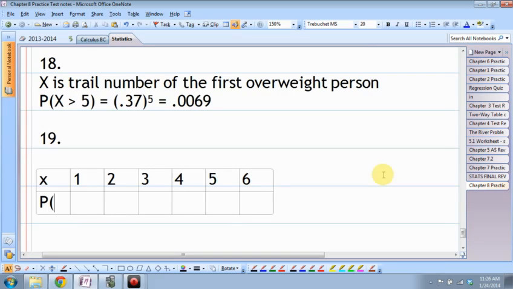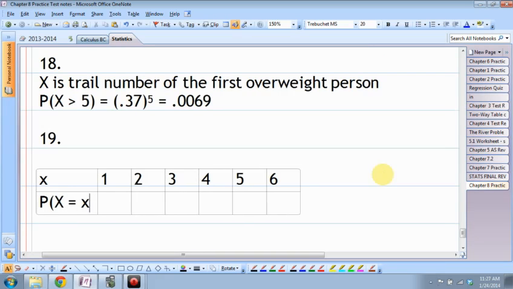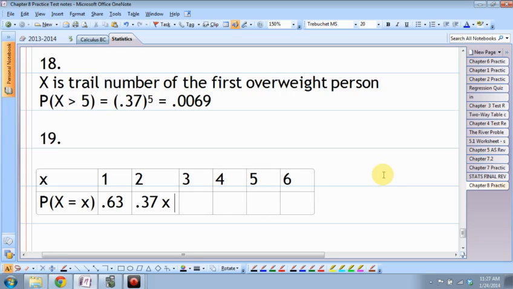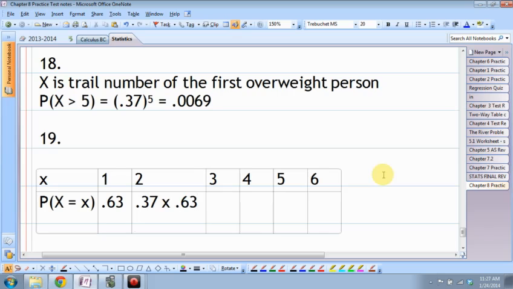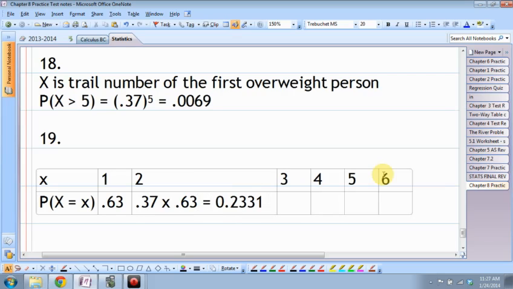And then the probability that x is equal to x. So success happens on the first trial, so that probability is 0.63. This says that success happens in the second trial. This is 0.37, 1 failure followed by 1 success, 0.2331.